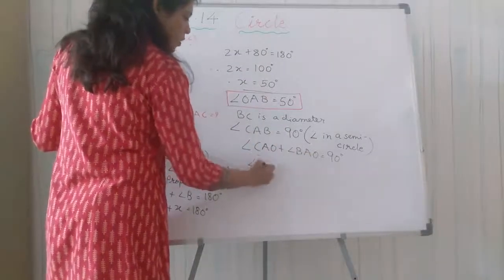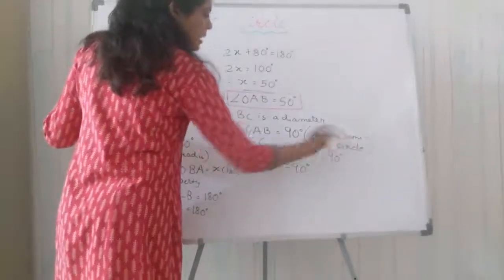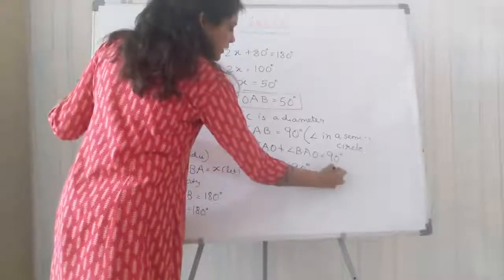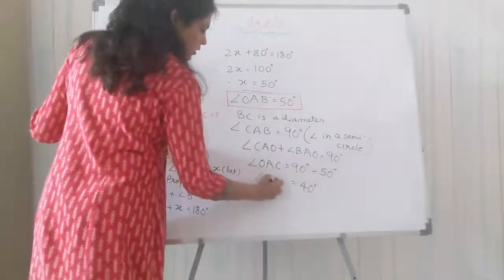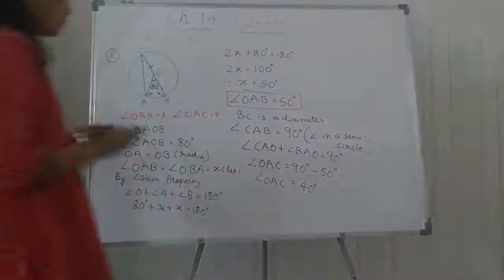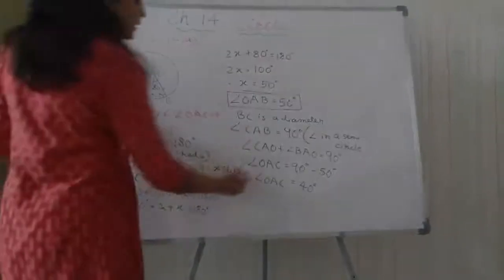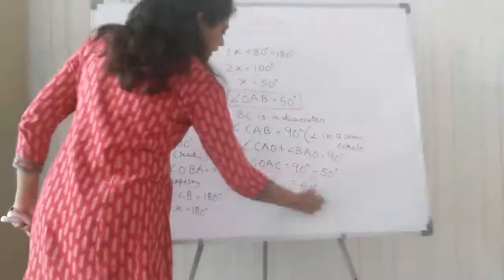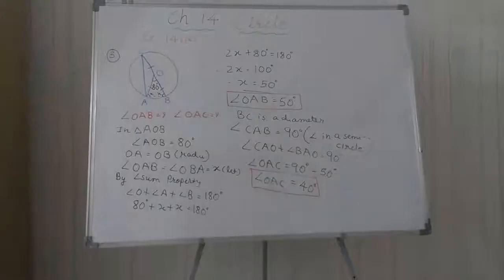So angle OAC is equal to 90 degrees minus 50 degrees, which is 40 degrees. So angle OAC is also found. So we get both the answers, students, of question number 3.